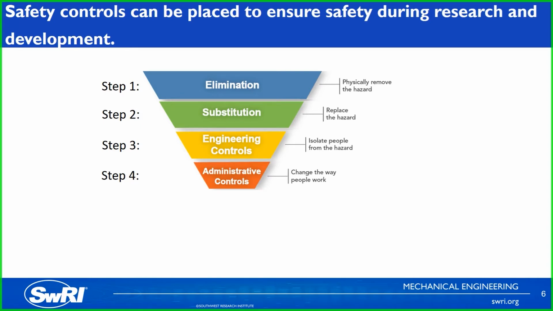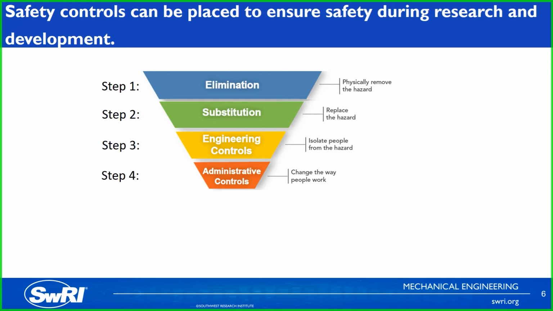Finally, not all the time can you keep people isolated from the hazard. For example, for a couple of these different designs we did, leak testing is a big part of that. And when you leak test, you get to a point where people do have to go near the hazard, near a pressurized environment. So the next step is to put administrative controls in place to make it as safe as possible.